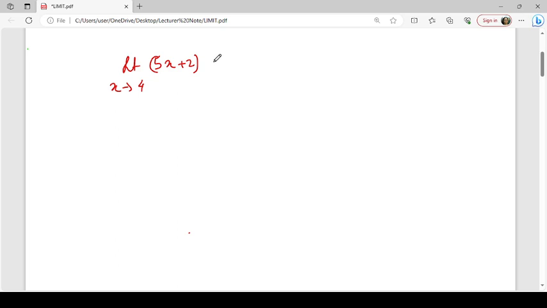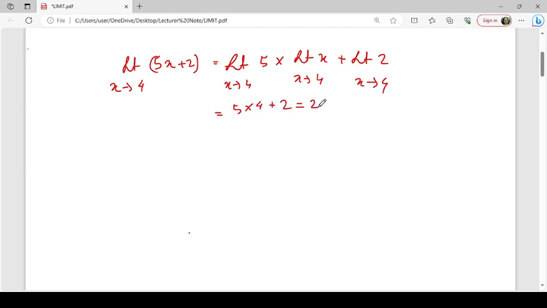This equals 5 into the limit of x plus the limit of 2, with x tends to 4. The 2 is a constant, so whatever the value of x, it is always the same. So this is equal to 5 into 4 plus 2, so it is 22.